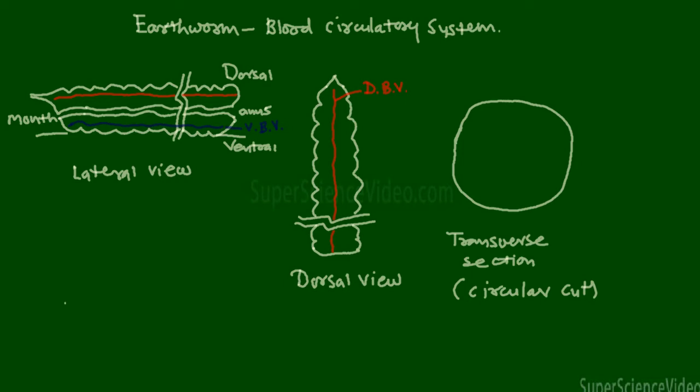Now to provide connection between DBV and VBV, there occur lateral structures. These are considered as lateral hearts. It is a ring-like structure which provide connection between DBV and VBV.